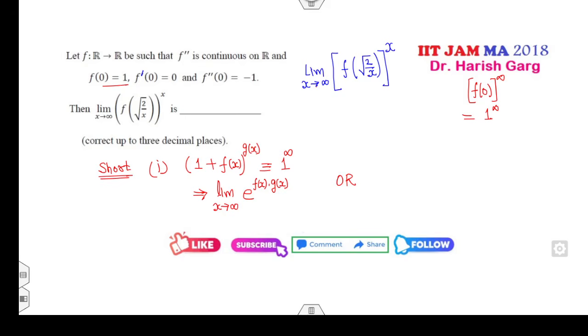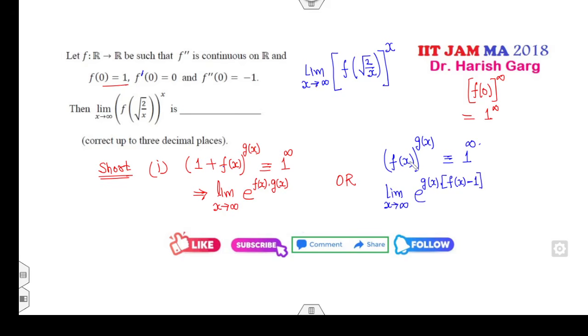Secondly, whenever instead of 1 + f(x), it is directly f(x) raised to g(x) of the form 1 raised to power infinity, then you can write the expression as e raised to g(x) into [f(x) minus 1].